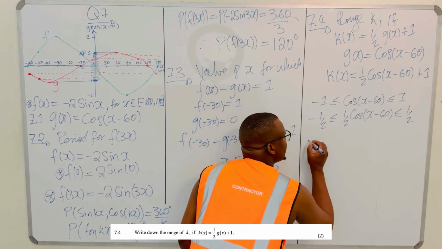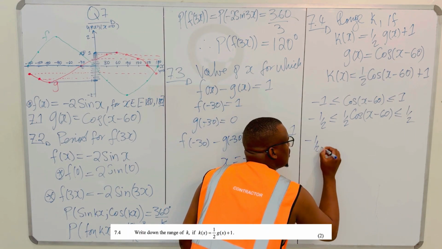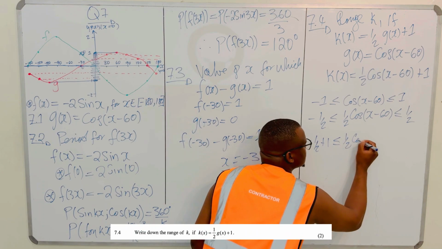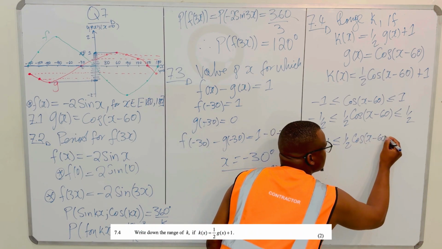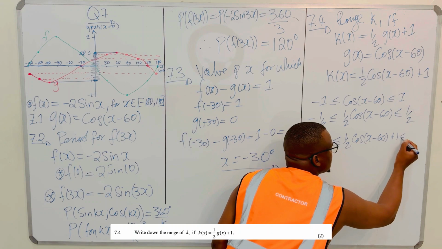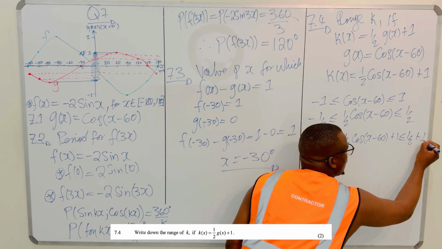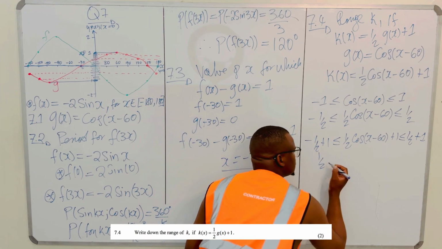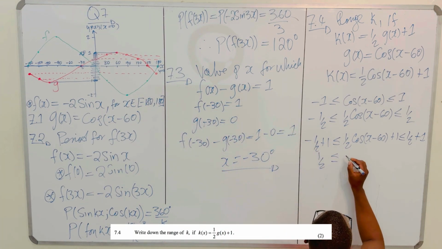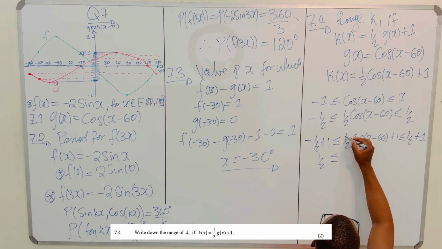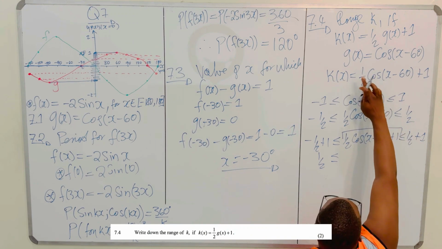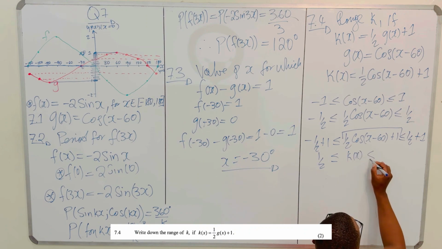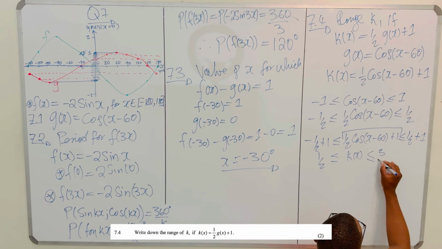So you're going to have minus half plus 1 less or equal to 1 over 2 cos x minus 60 degrees plus 1 less or equal to half plus 1. So what is the answer to this? What is this? This is k. So you have your k of x between 1 over 2 and 3 over 2.